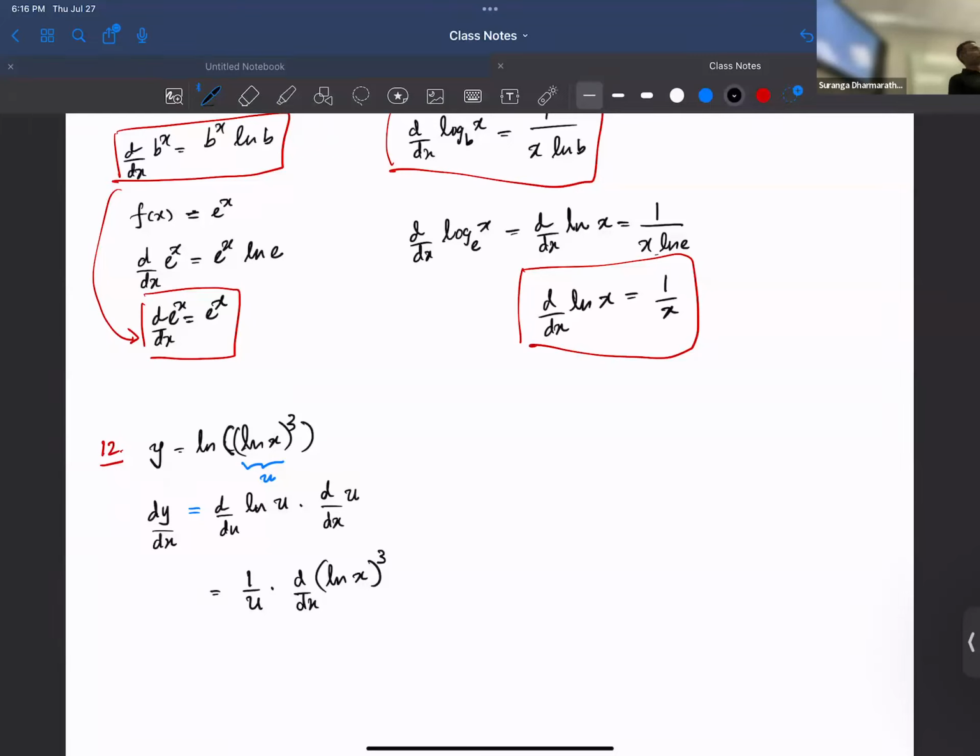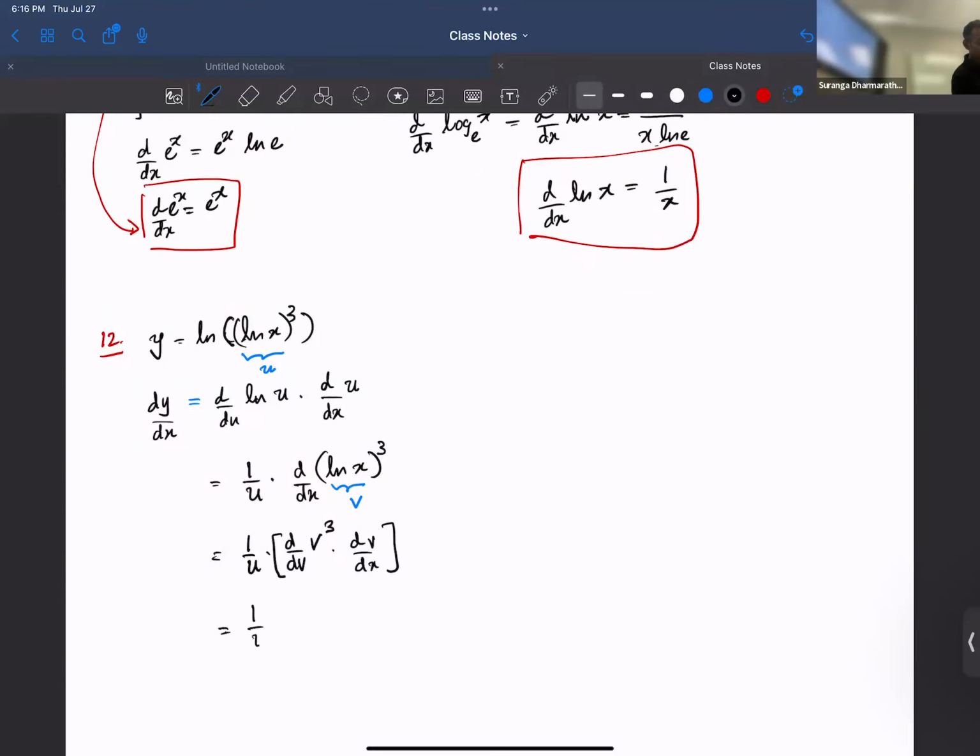Okay, and then you can let this be v, and then you get 1 over u times d over dv of v to the power 3, v cubed, times d over dx v.